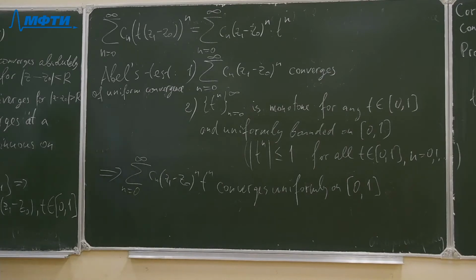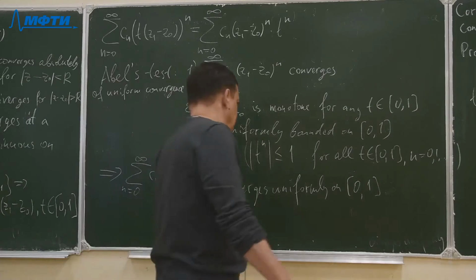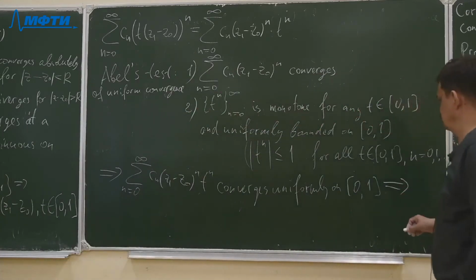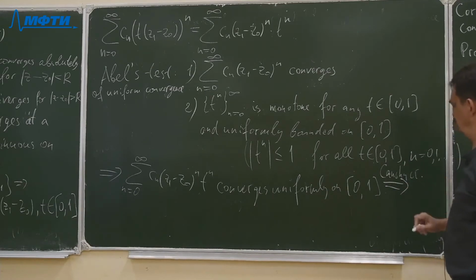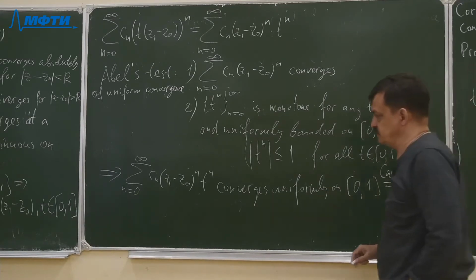And what does it mean, converges uniformly? Okay, maybe let us use first the Cauchy criterion of uniform convergence. What does it mean?